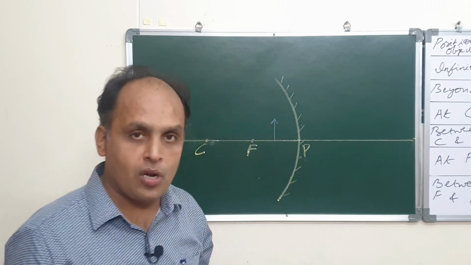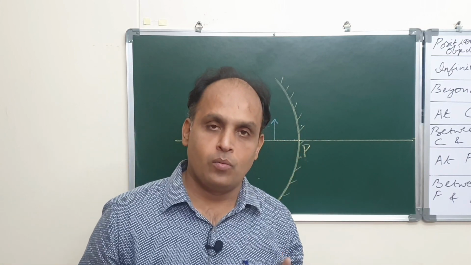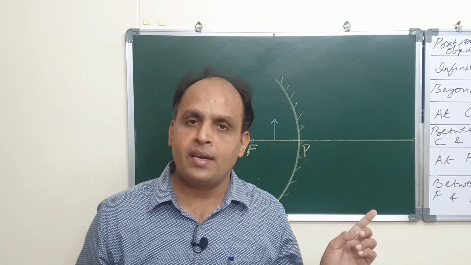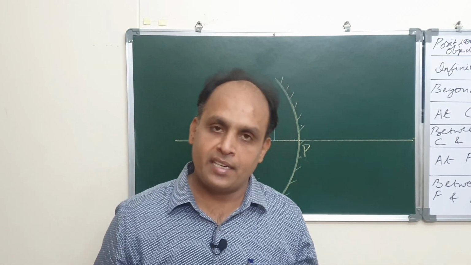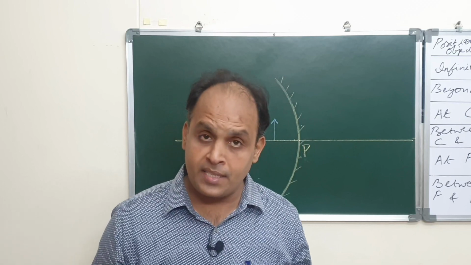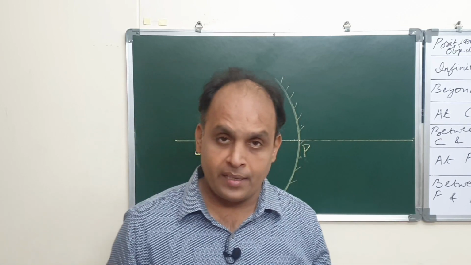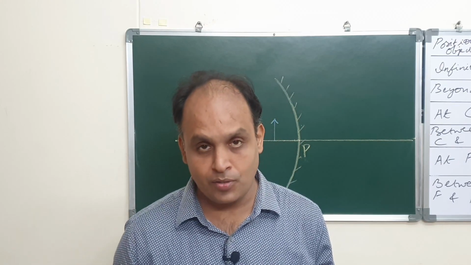Now here I am going to draw two rays, one ray hitting the pole and another ray hitting the mirror at an angle of 90 degrees. And in this case, like all the other cases, we will not be drawing a ray parallel to the principal axis.